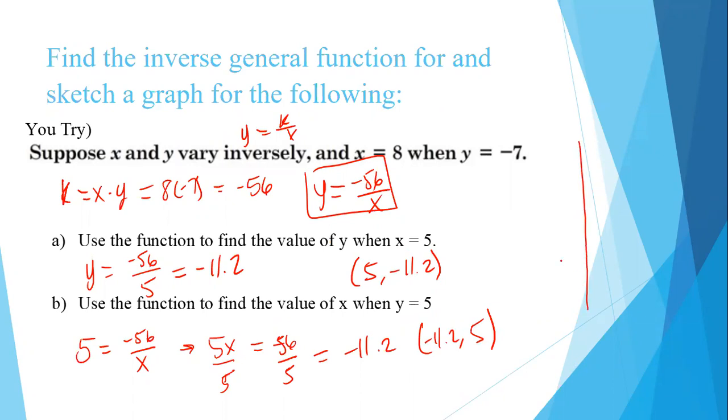So graphing this, it's not a parabola. These two lie in two different quadrants, don't they? I have a positive and a negative, and a positive and a negative lies in quadrant 4. And I have a negative and a positive, and that lies in quadrant 2. So we have something happening in 2 and something happening in 4.